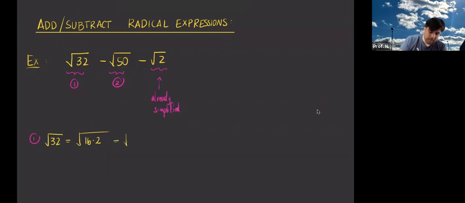And then I can break down just the 16 because the 16 is the perfect square. And the square root of 16 is 4. So I got 4 rad 2. So instead of writing rad 32, I can write it as 4 square root of 2.